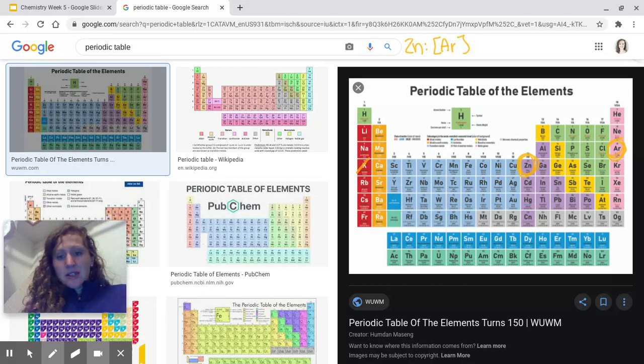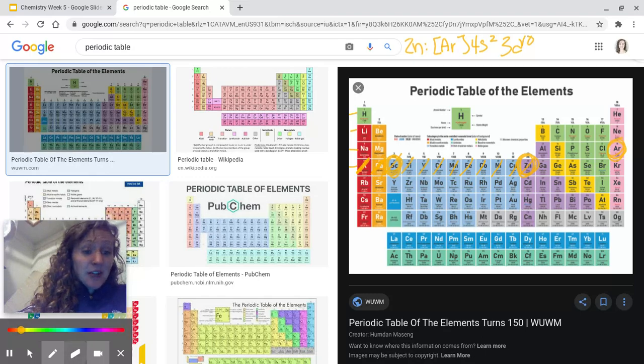So this is my first electron here on the K, and this is in what energy level? 1, 2, 3, 4. It's in the 4th energy level. S block, and there's 1, 2 of those. Now here for scandium, I'm in the 3d block. So 1, 2, 3, 4, 5, 6, 7, 8, 9, 10. So there is the noble gas electron configuration for zinc.